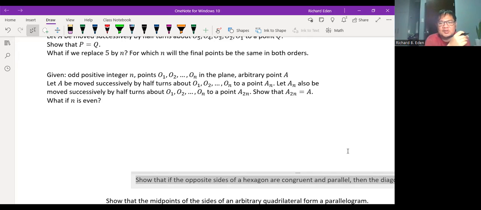Then we do the whole process again, now starting with A sub n. So we do half turns with respect to the same collection of centers, in the same order, with respect to O1, O2, all the way to O sub n. And the resulting image, let's call it A sub 2n. So show that A sub 2n is going to be the same as the starting point.